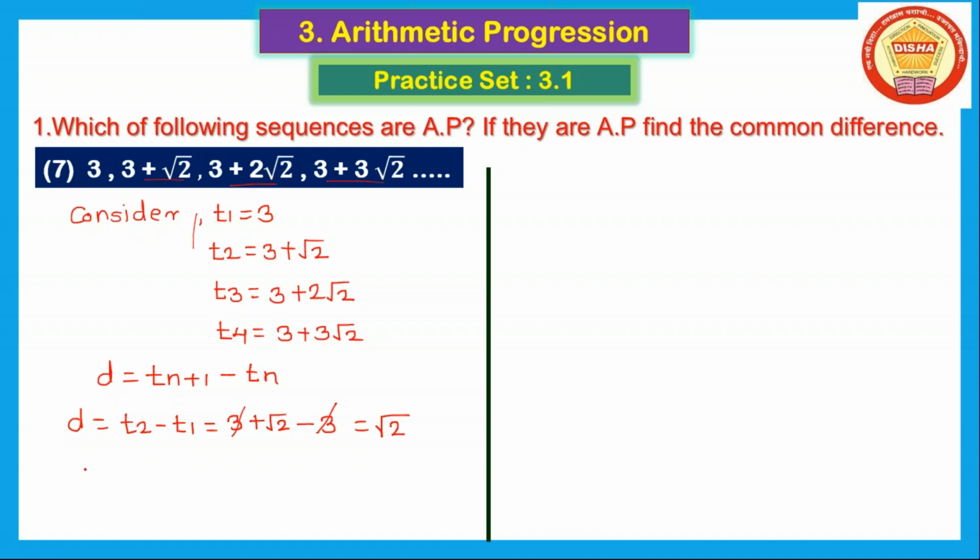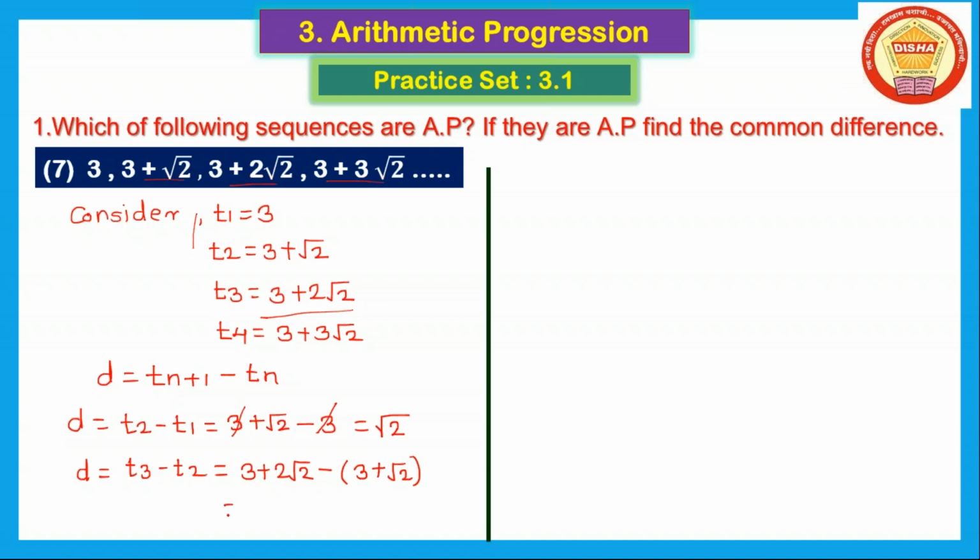Then we take the next two consecutive terms, that is T3 minus T2. What is T3? T3 is 3 plus 2 root 2, minus T2, which is 3 plus root 2.